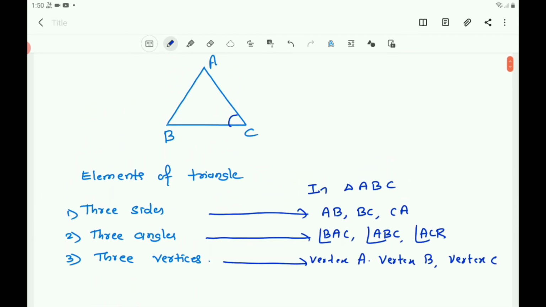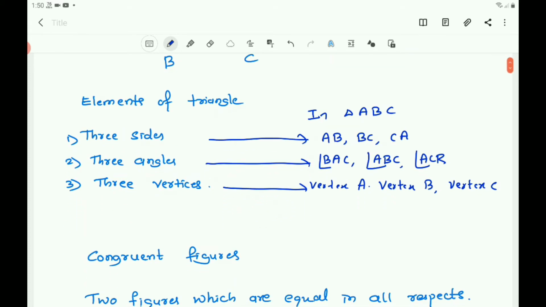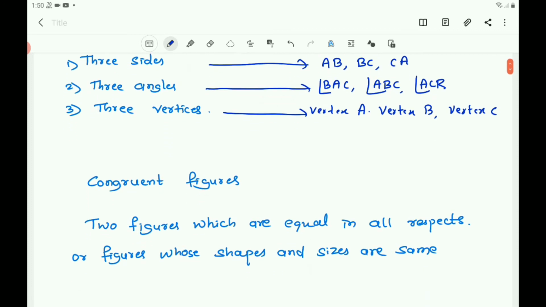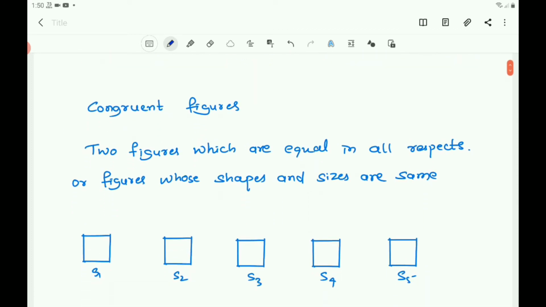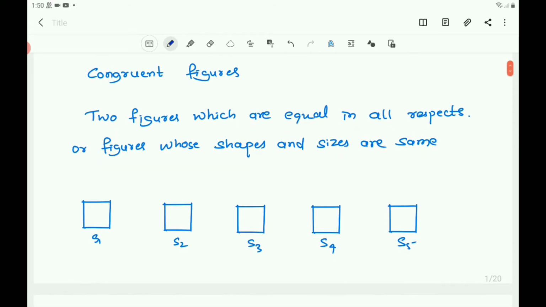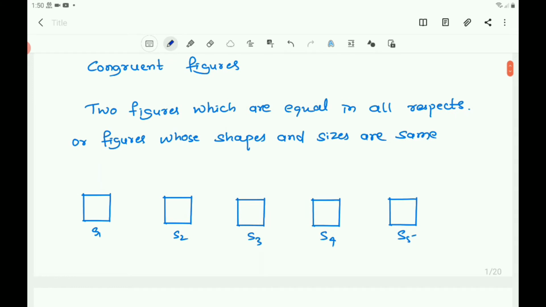Now, the chapter is about the congruency of triangles. Let us discuss congruent figures and congruent triangles. So, what are congruent figures? Two figures which are equal in all respects, or two figures whose shape and size are the same, are called congruent figures. See here, there are 5 squares.